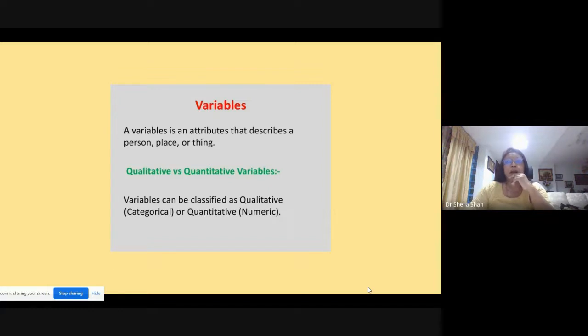For example, hours of studying and performance. So hours of studying is a variable. Or we say the boys perform better in mathematics compared to girls. So your variable is gender here, right?